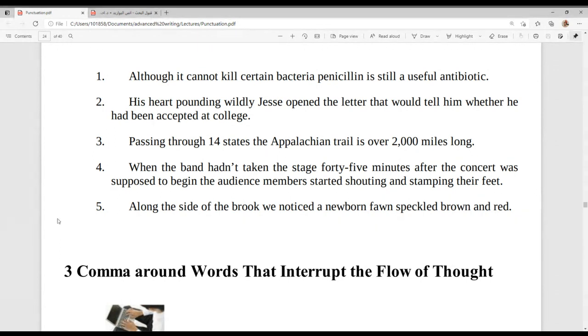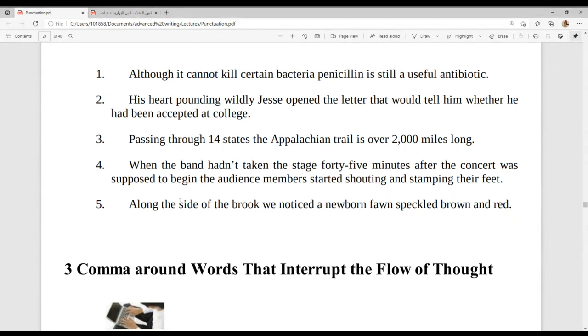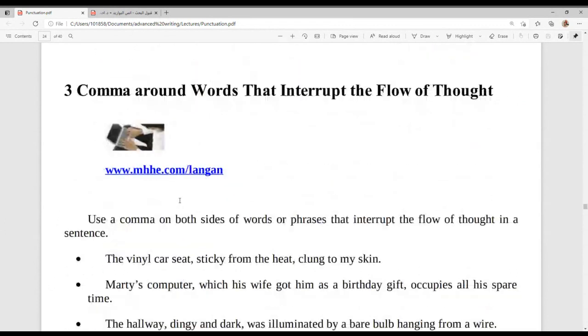The third use of commas is around words that interrupt the flow of thought.